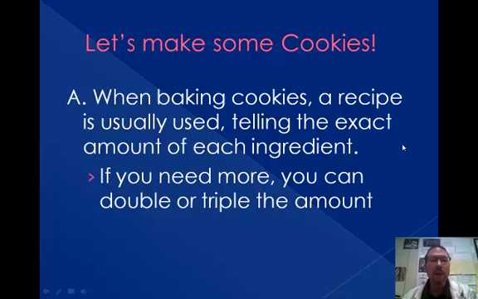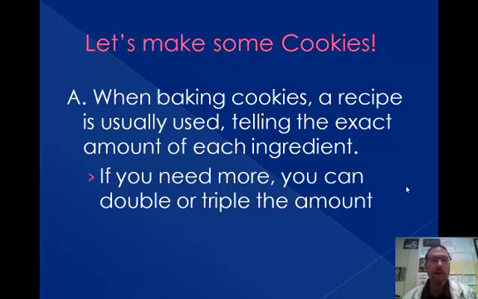you look at the ratios of the ingredients going into it to tell how much you do as far as eggs or sugar or flour or milk, and then it also tells you about how many cookies you can expect to get out of it.